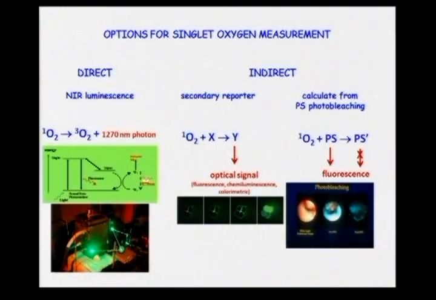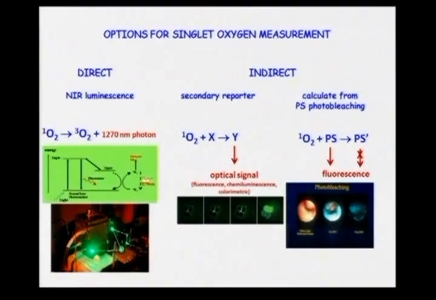Now that singlet oxygen can itself go back to the ground state. It's an excited state. So just as this sensitizer can go back here and give off fluorescence, the singlet oxygen can go back to molecular oxygen and give off luminescence. That luminescence happens at 1270 nanometers. This is a well-known phenomenon. There's no question that this happens.